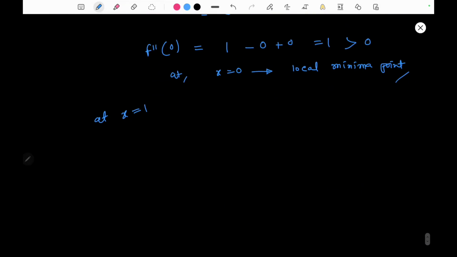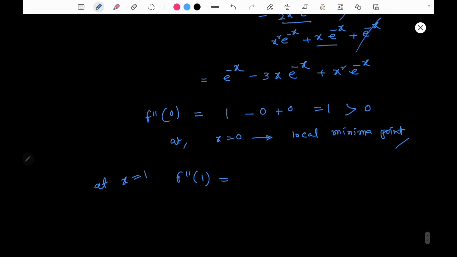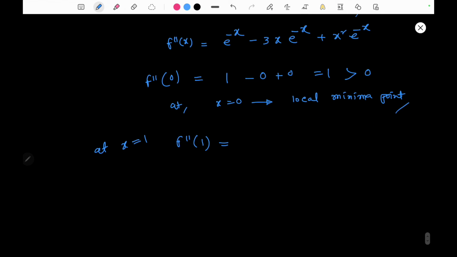At x equal to 1, f double dash 1 will be, so this is f double dash x, in place of x we will place 1: e to the power minus 1 minus 3 into 1 e to the power minus 1 plus 1 square into e to the power minus 1, which is e to the power minus 1 minus 3 e to the power minus 1 plus e to the power minus 1.